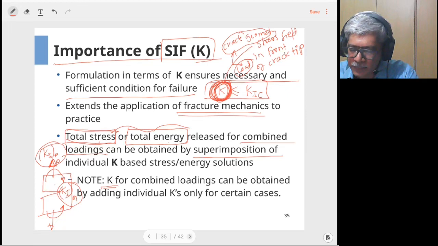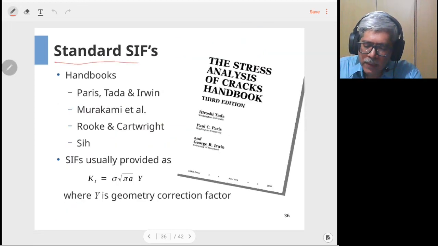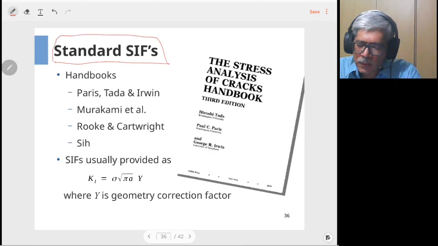Let's move ahead. How to obtain the stress intensity factor? So the stress intensity factors are obtained like the stress concentration factor we discussed earlier. So you have analytical solutions. You are using numerical solutions, that is the finite element method.